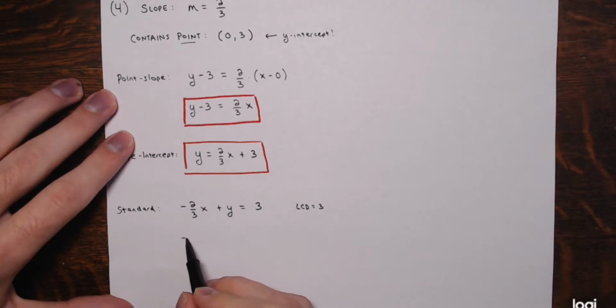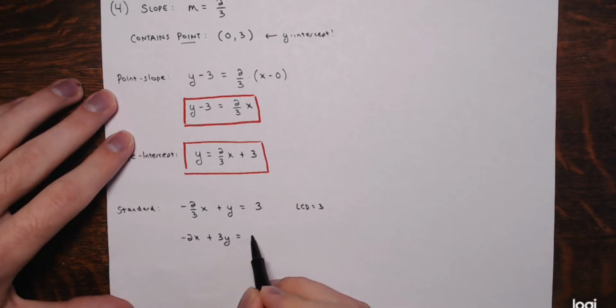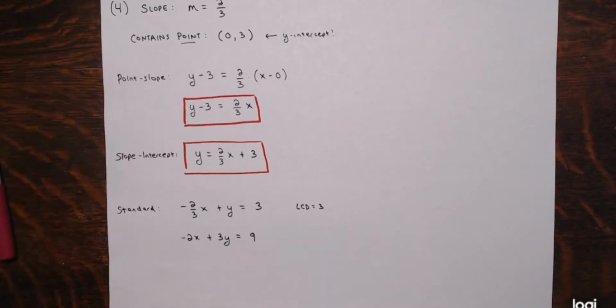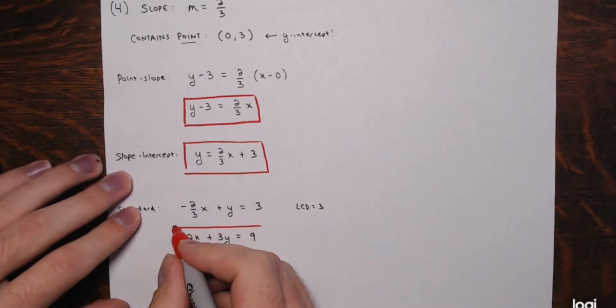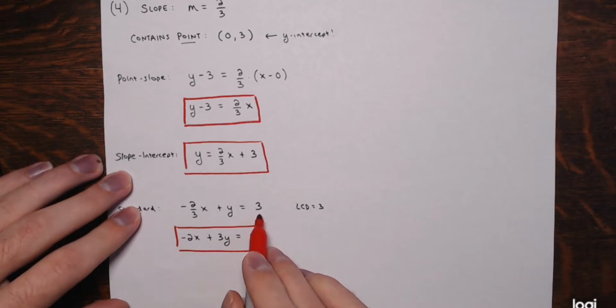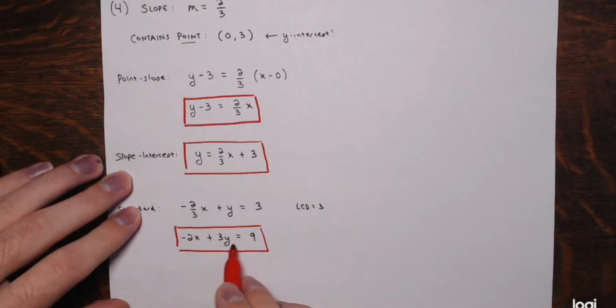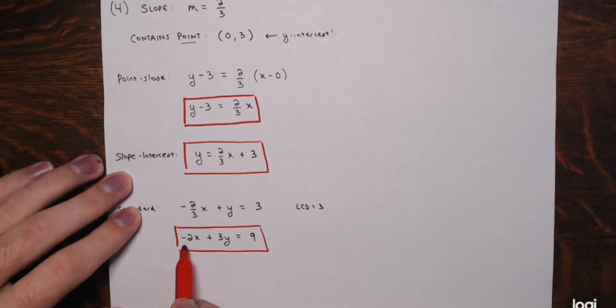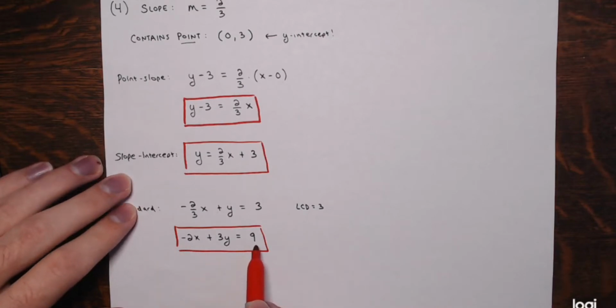That'd be negative 2x plus 3y equals 9. And there's the standard form that they're asking you for. Again, I would still consider this first equation in standard form as well. But they want you, if it's possible to make all these numbers integers, please do it.